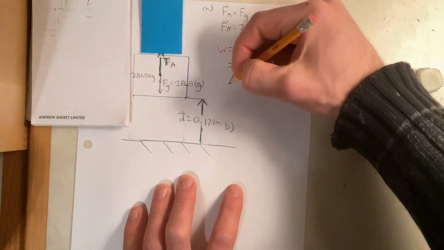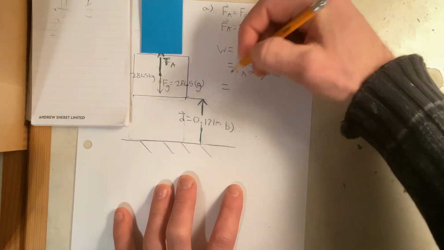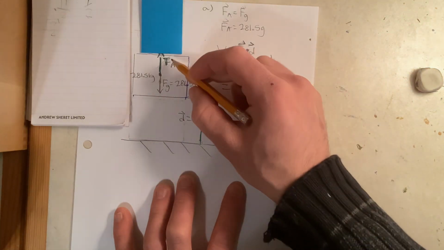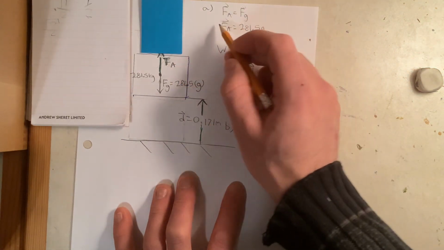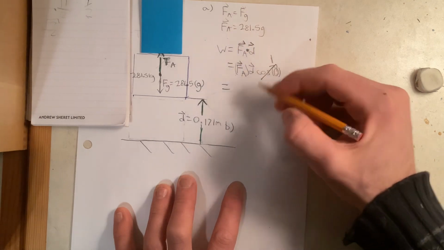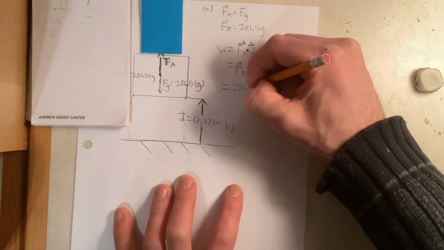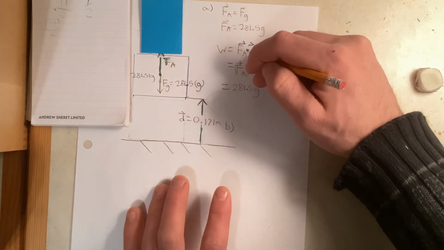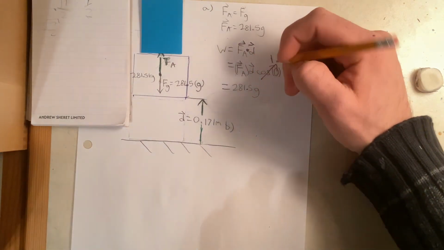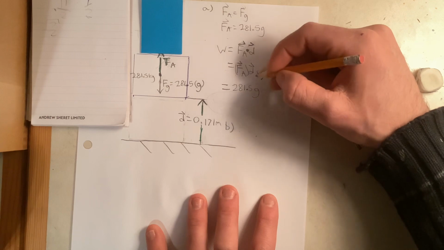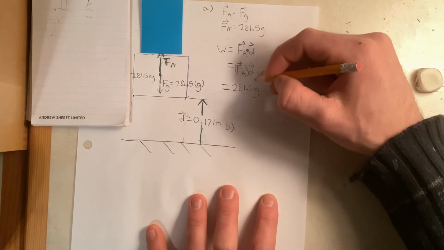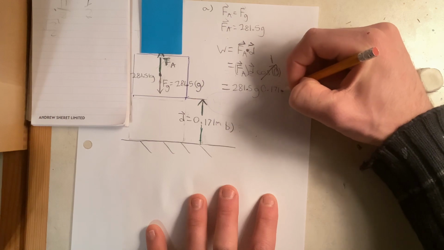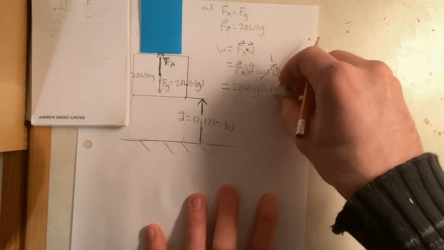All right, so let's just plug everything in. We know that the applied force is equal to Fg, so we can represent FA as 281.5 kilograms times the constant of acceleration due to gravity. And then we multiply that by the displacement, which is the 0.171 meters. I'm going to put units in.